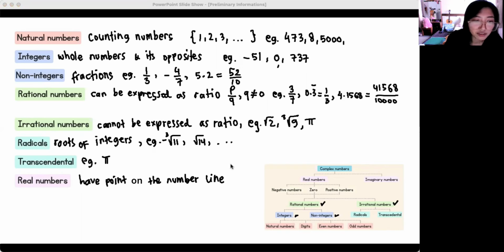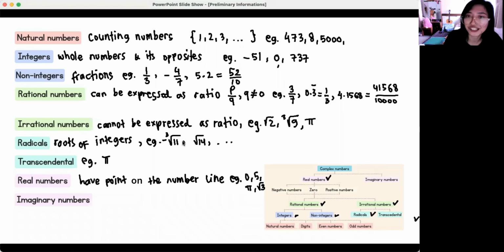Now, if you see, real numbers are like a larger set than any sets below. So examples can be anything, yeah? 0, 5, or maybe pi, or the square root, and so on. Now, there are numbers that cannot be put on the number line, that don't have any points on the number line, and those are the imaginary numbers.